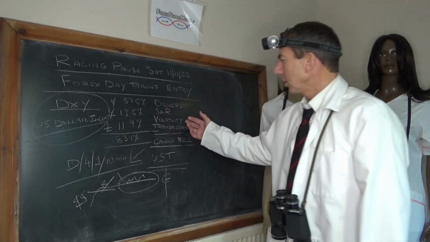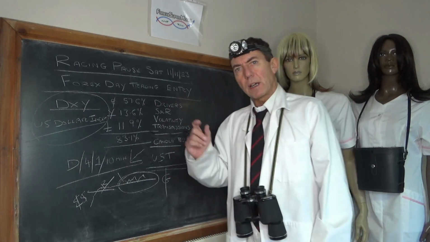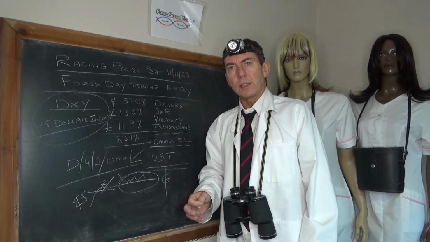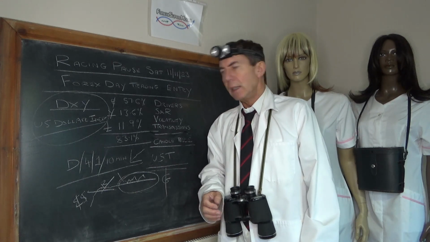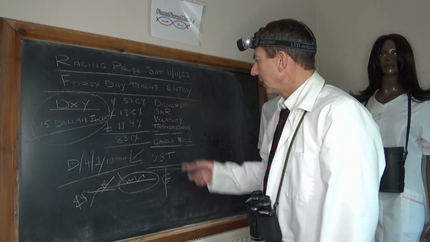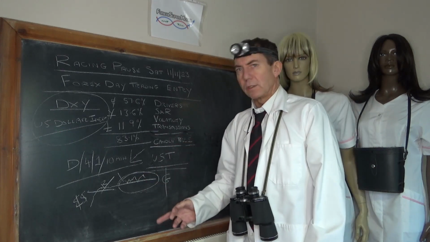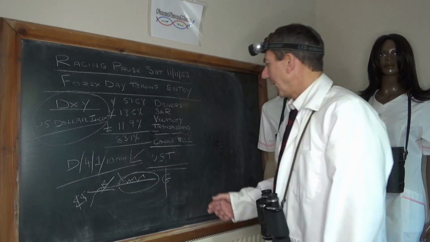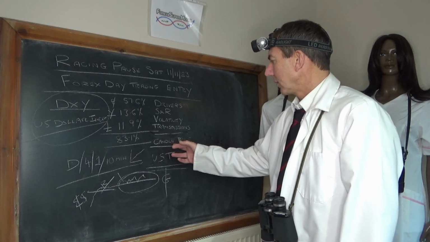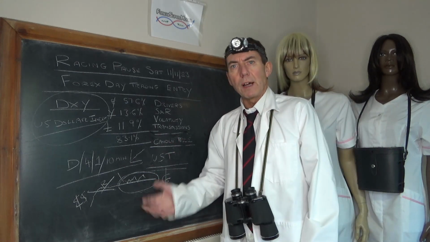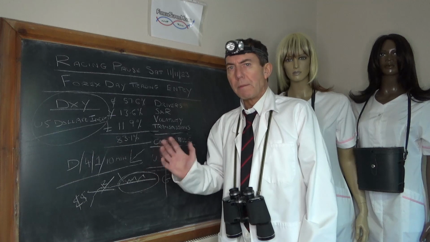Now we're looking at volatility as well. What are the candles like? Is it spiking around? Is it violating support and resistance as if it's not there? And we're looking at candle tails. We'll talk about that more tomorrow in detail.